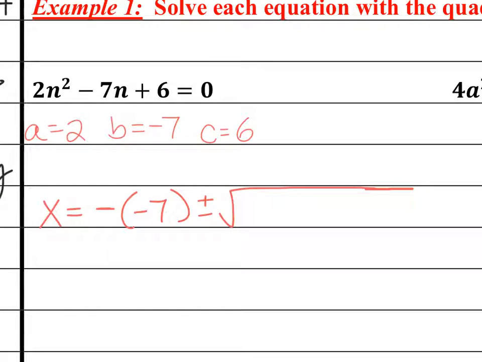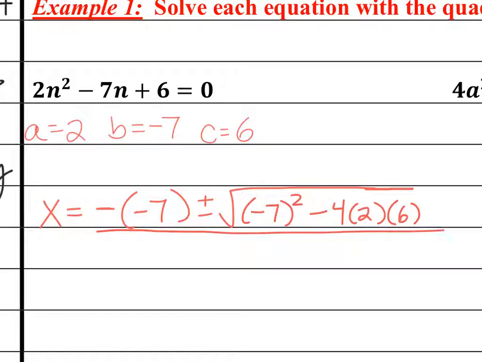So -7 in parentheses squared, minus 4ac, which means 4 times a times c. So -4 in parentheses, times a, which is 2, times c, which is 6. The whole thing over 2 times a, which is 2.